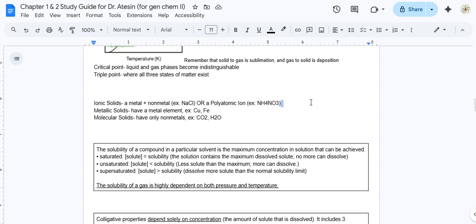Or it can be a mix, like a metal and a polyatomic ion. Metallic solids have a metal element, like copper and iron. Molecular solids only have nonmetals, like carbon dioxide and water.